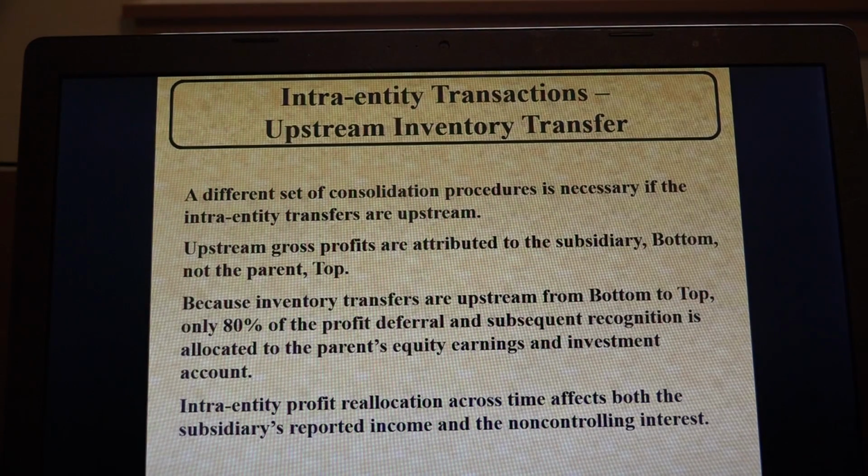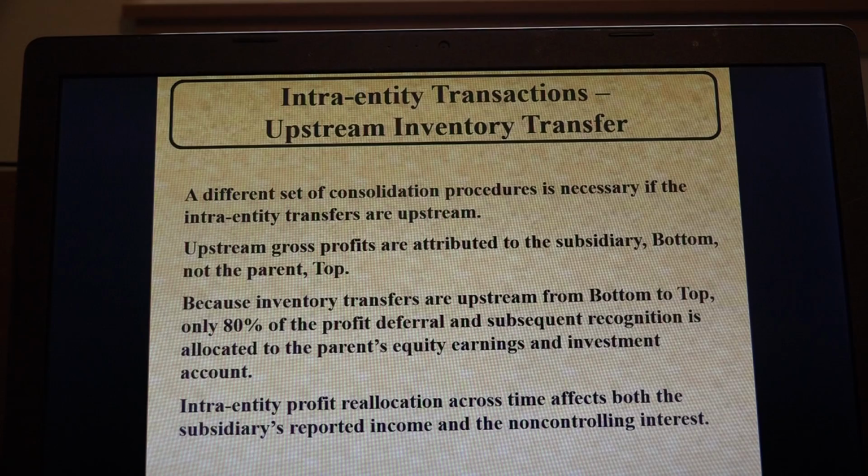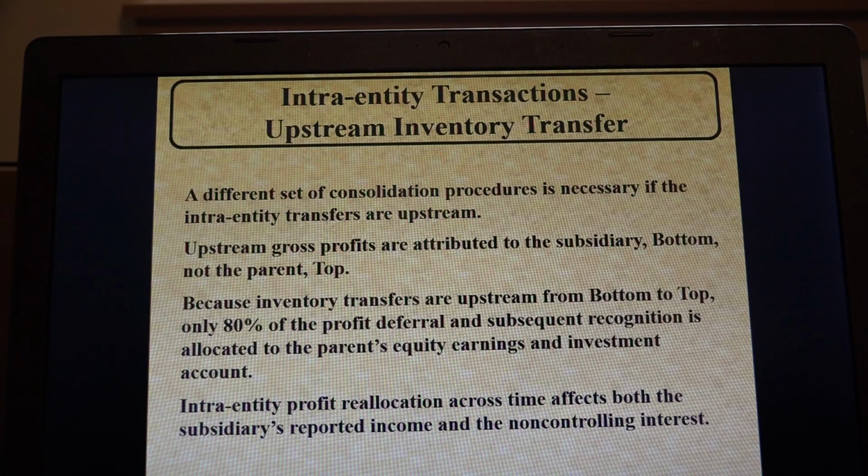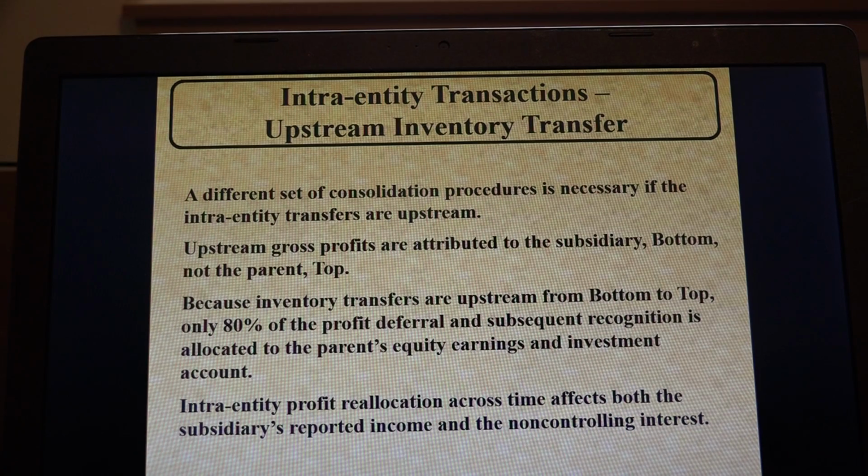All right, so what if you're doing an upstream inventory transfer? Well, in this case, this affects the subsidiary Bottom because the gross profits are attributed to them, not Top. And so you've got the same entries, you just are going to make them to different accounts.